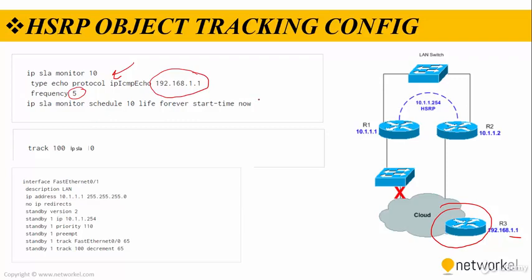Then I'm defining the start and the finish time of the IP SLA. Then I'm tracking this IP SLA, and whenever there's a problem, I'm gonna decrement the priority value and the other router will switch as active.